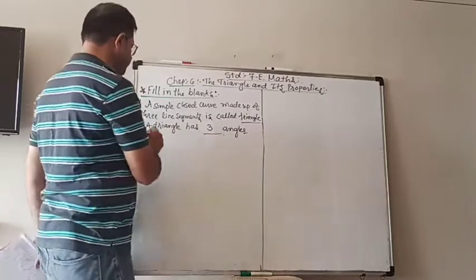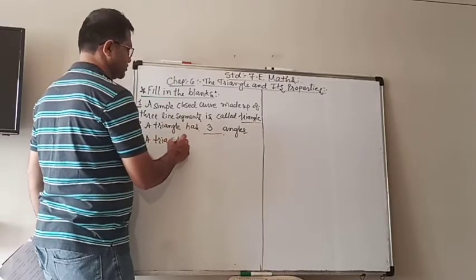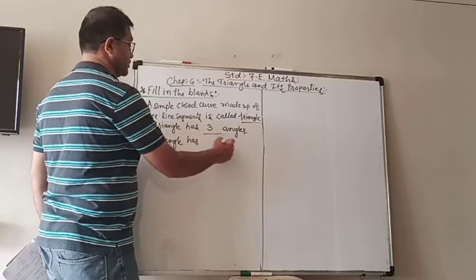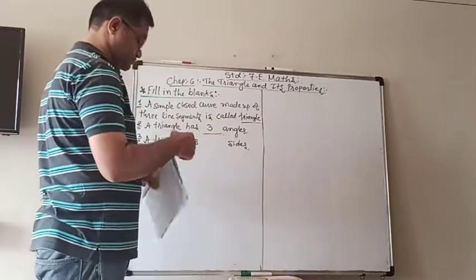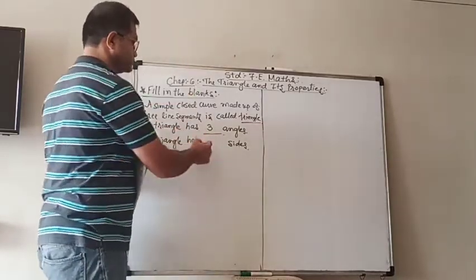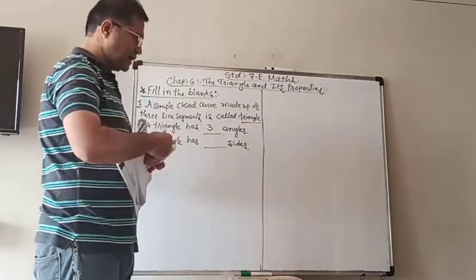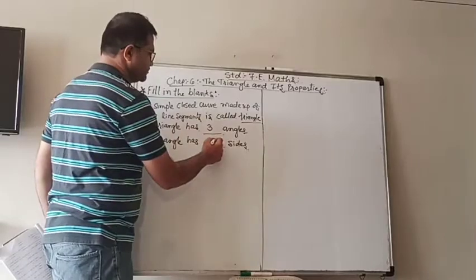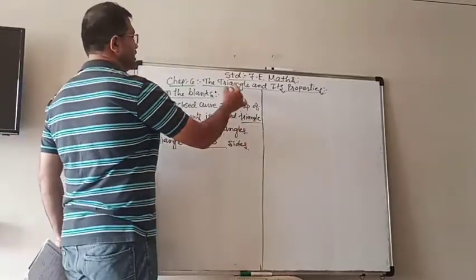A triangle has blank sides. How many sides does it have? That is also a very simple answer. There are 3 sides, because we know how the triangle looks.